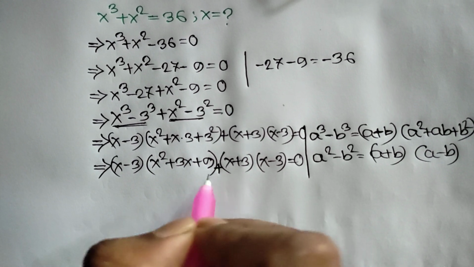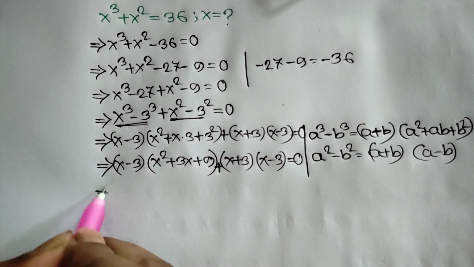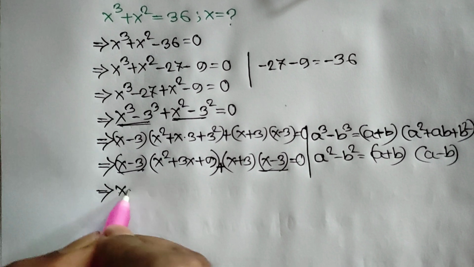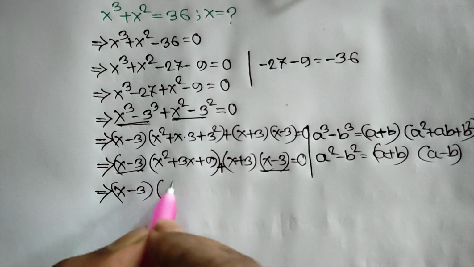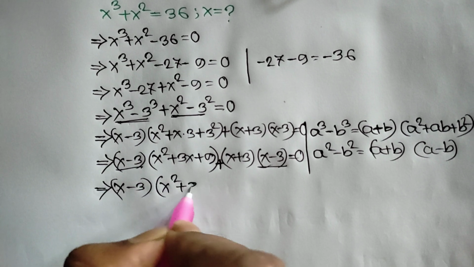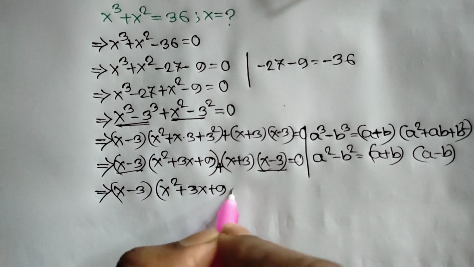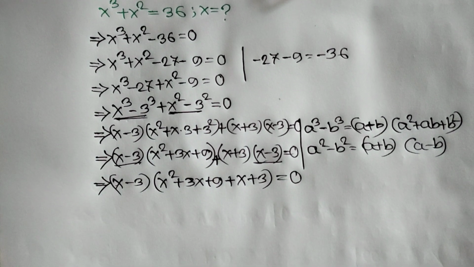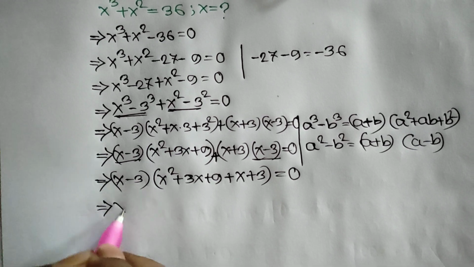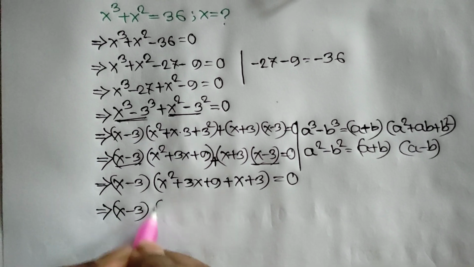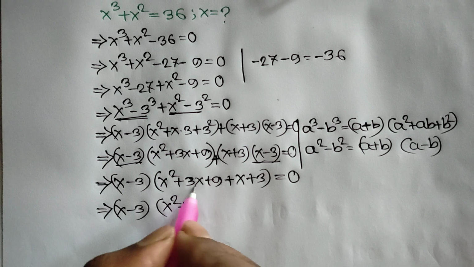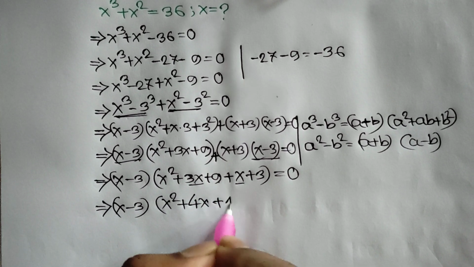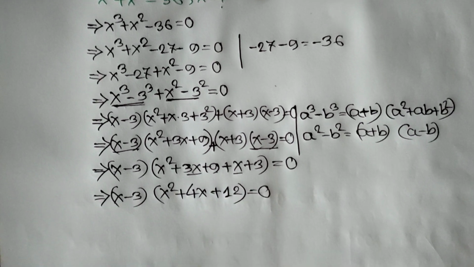There is a plus here. Now taking common x minus 3, we can write x minus 3 times x square plus 3x plus 9 plus x plus 3 is equal to 0, or x minus 3 times x square plus 3x plus x, that means 4x, plus 9 plus 3, that means 12, is equal to 0.